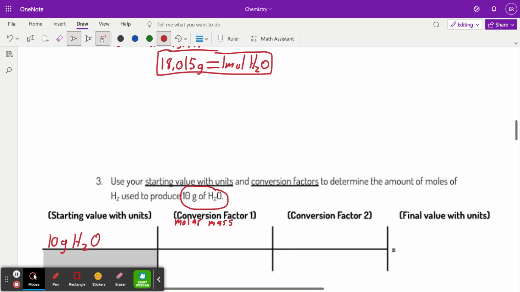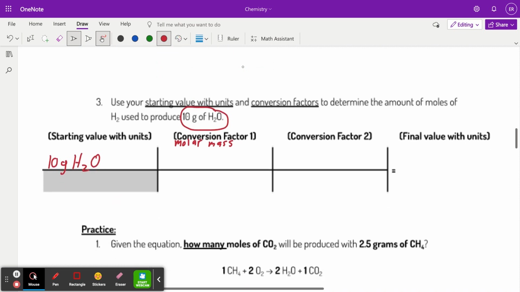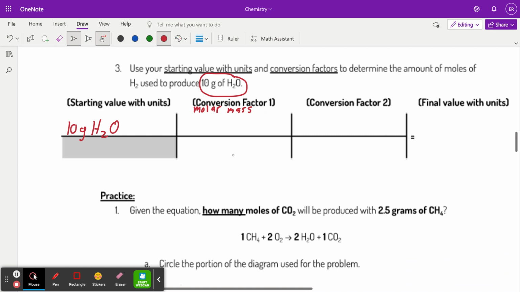Remember, we have the gram side of our molar mass and the mole side of our molar mass. Which one are we going to put on the bottom and which on top? If you need to, pause the video to double check and then continue.